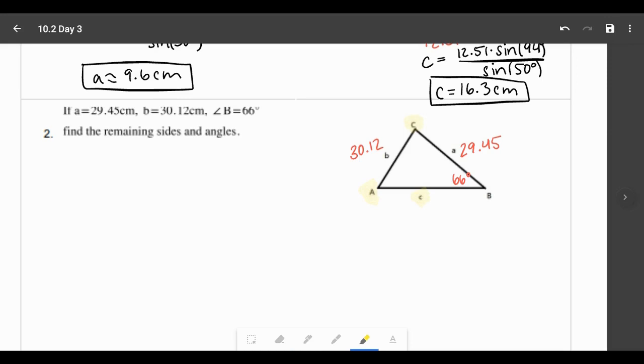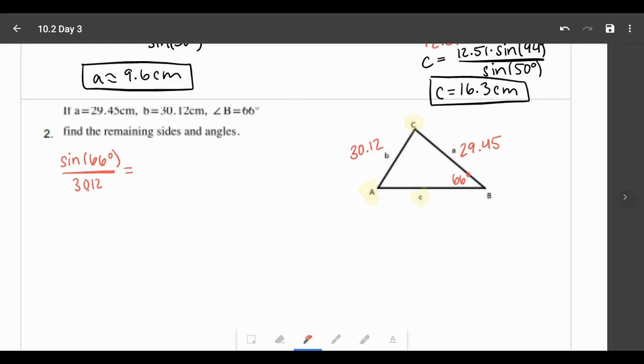Okay, so like we started our last problem, the first set of information that I'm going to start with is where I have both of the same variable. Here I have both angle and side B. So we're going to start off sine of 66 over side B, that 30.12.